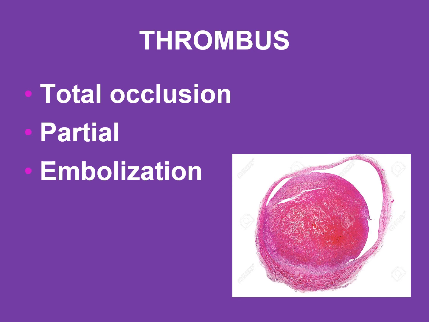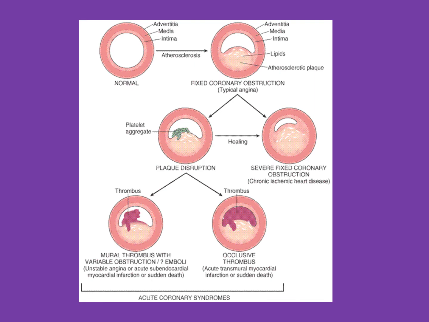So very important is the disruption of your plaque, which can lead to thrombosis, because the thrombus can cause total occlusions, partial occlusions, or the thrombus can embolize to other parts of the blood vessels, which are narrower, and can cause total obstruction. So again, we can see here the pathogenesis of plaque formation leading to occlusive thrombosis.